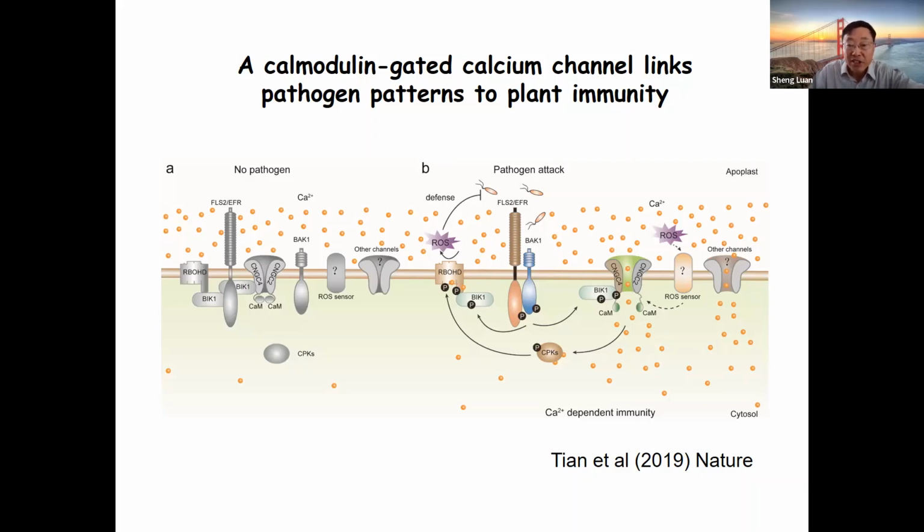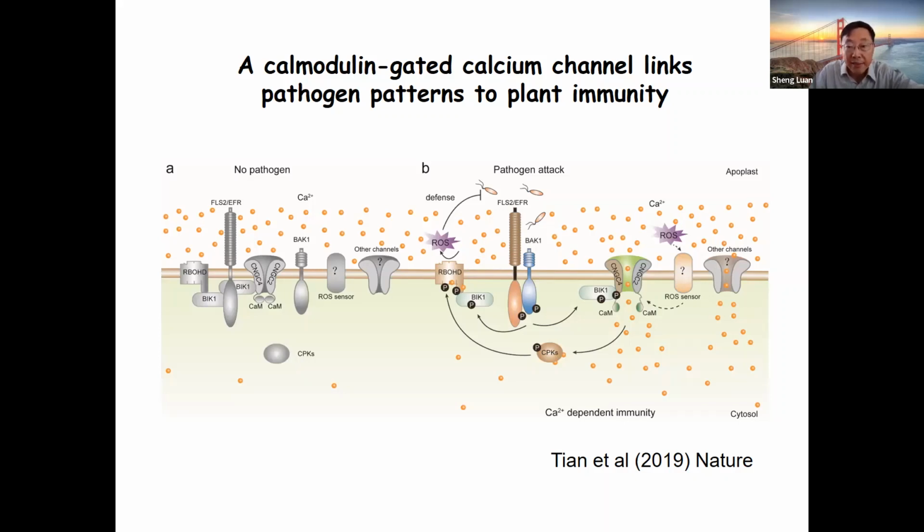But the calcium channels responsible for pathogen-induced calcium entry had not been understood until recently. We identified a pair of CNGC channels that serve as an important component in this pathogen response calcium signaling.